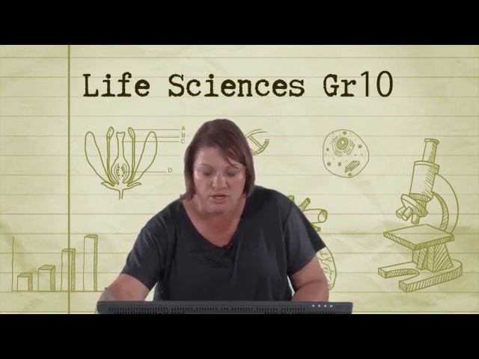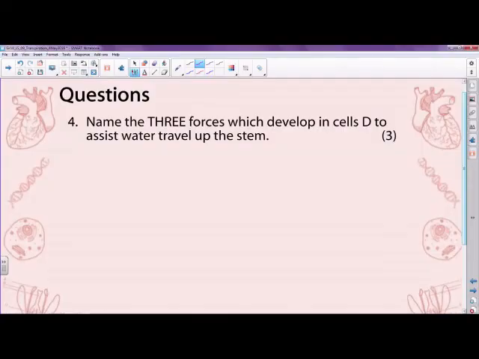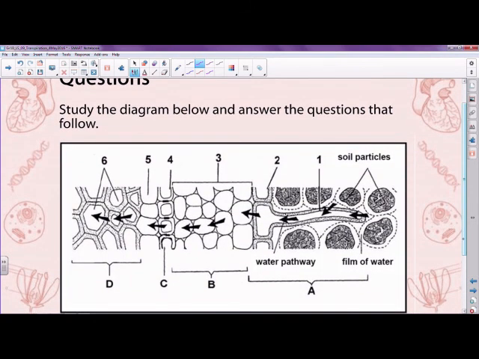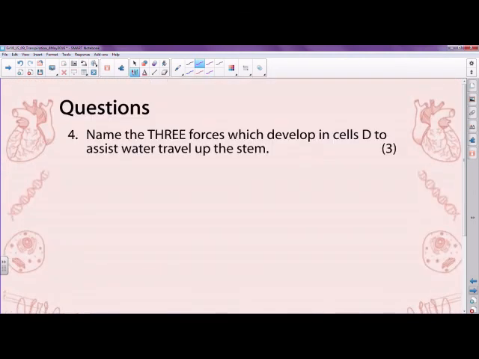The next question is, name the 3 forces which develop in cell D. So if I go to cell D, what is cell number D? Over here, and look at the shape of the cells. They are nice and hollow in the center. And I know that cell number D is going to be my xylem.